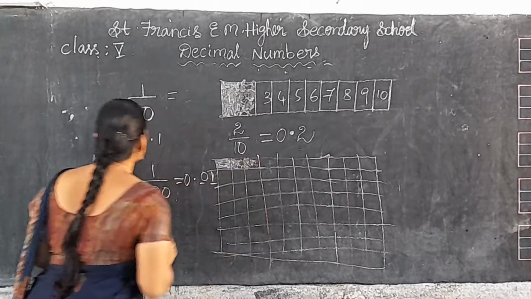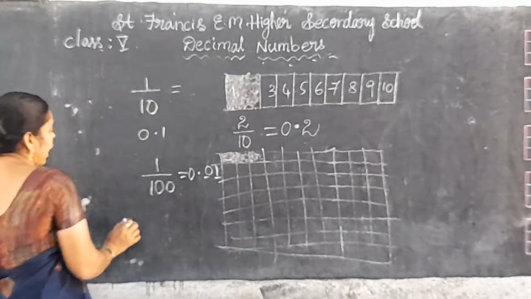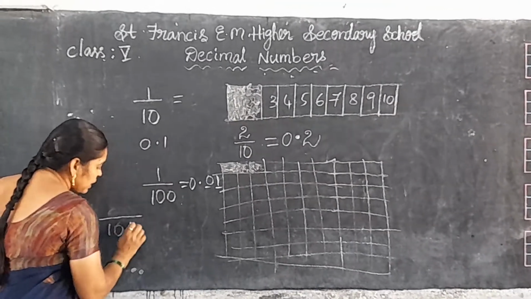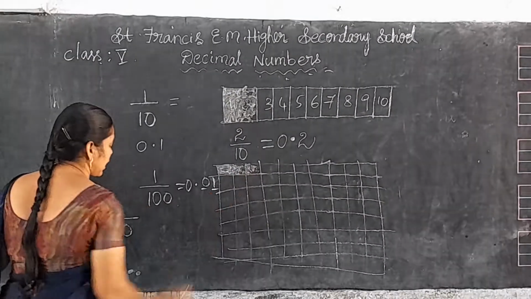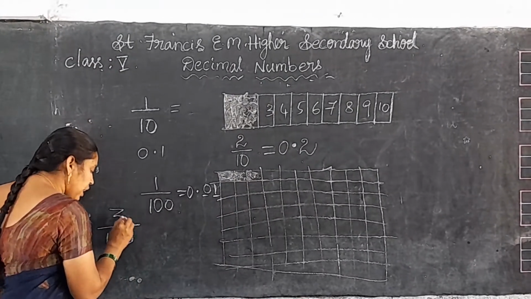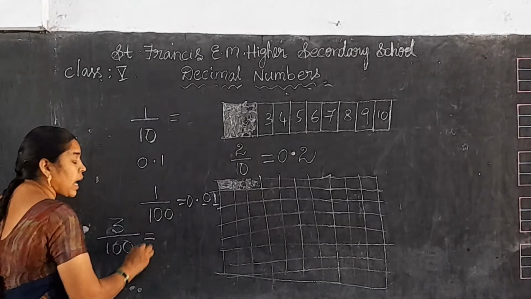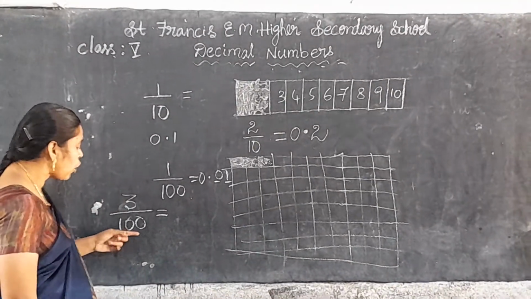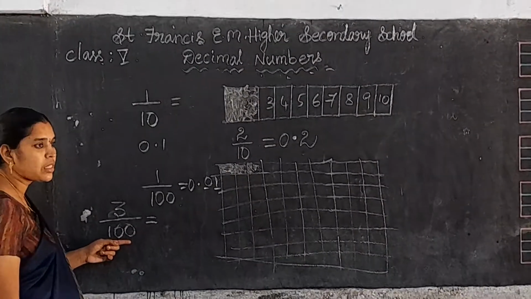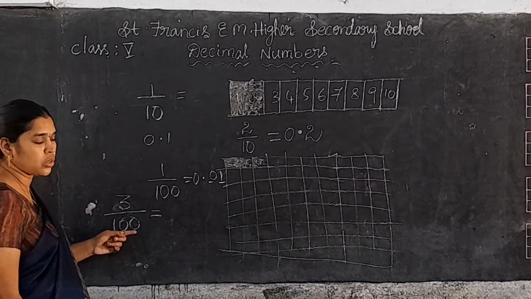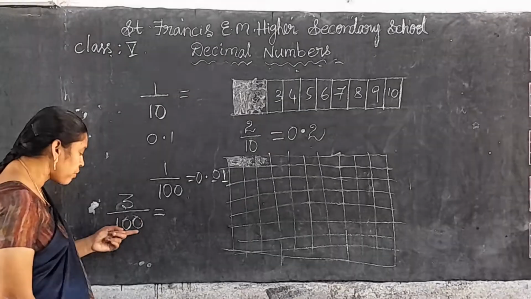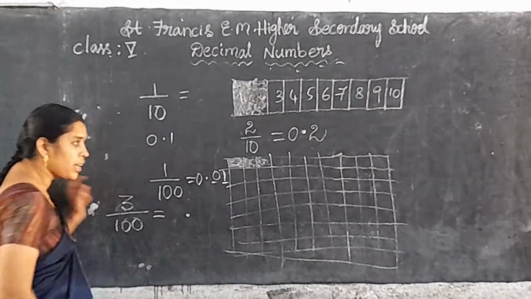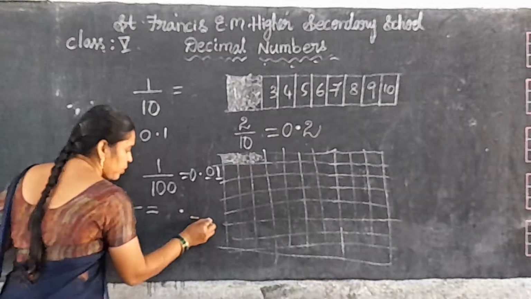Here, suppose 3 parts you are shading. Total how many parts? The total parts you should write in the denominator. How many parts are shaded? 3 parts are shaded. That 3 you should write in the numerator. This can be converted into a decimal fraction. See the denominator. How many zeros are there? 2 zeros. Right? That means after the point you should write 2 numbers. Right?